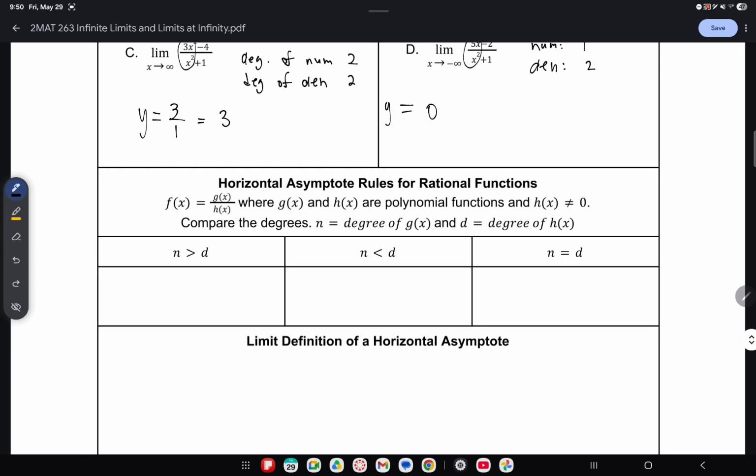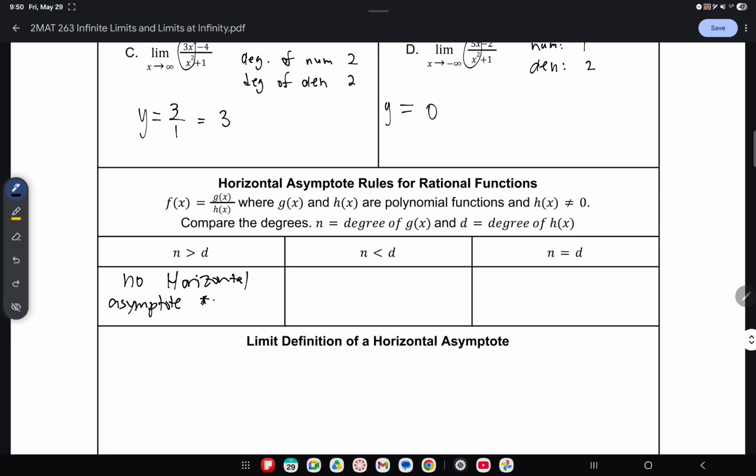So here are the different conditions, right? Either the numerator degree is going to be greater than the denominator degree, or it's going to be less, or it's going to be the same. If the numerator degree is greater than the denominator degree, we will have no horizontal asymptote.